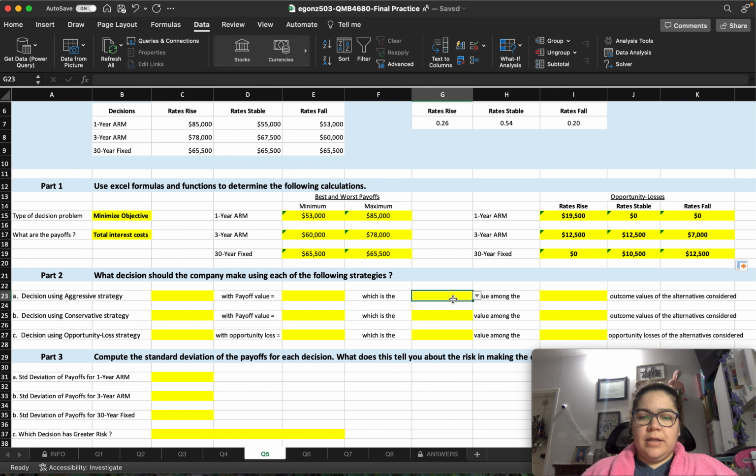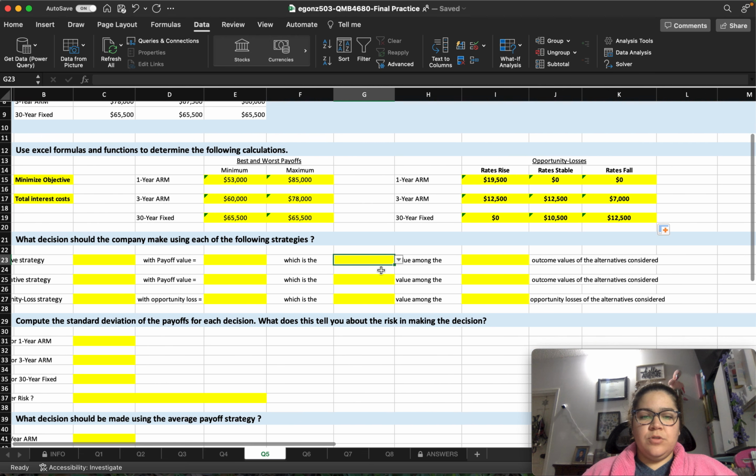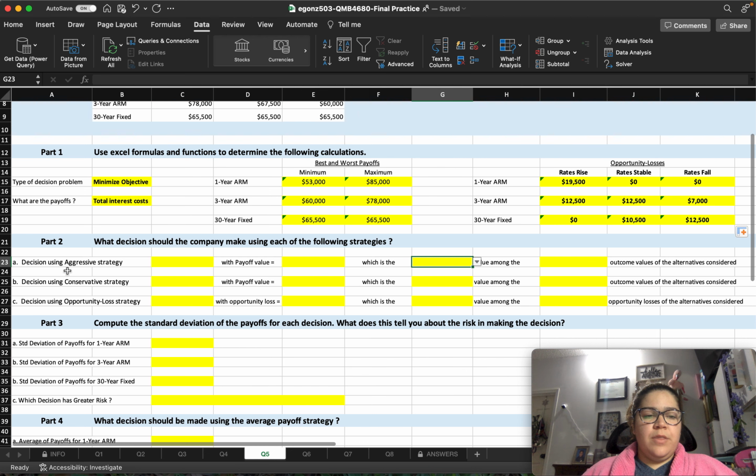So let's go back and figure out these two so it's easier for us to calculate these payoff values. If we're going to use the aggressive strategy, what does the aggressive strategy mean? When we're talking about the aggressive strategy, we're trying to save every penny, the most that we can.